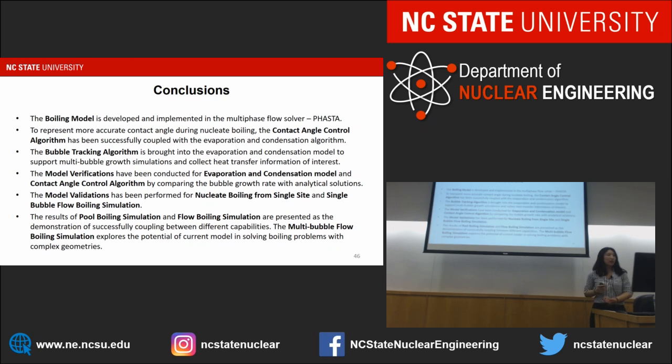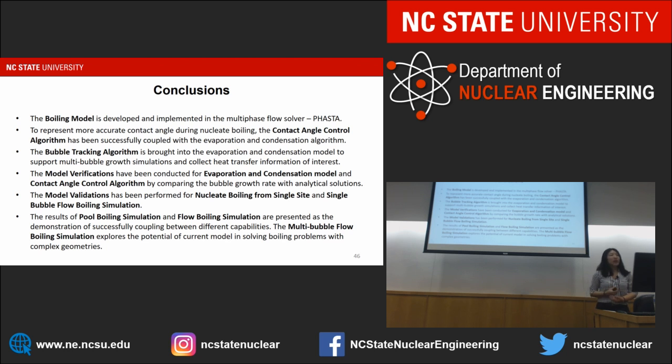This is the conclusion. During my PhD, I was able to develop and implement these boiling models in the multiphase flow solver FASTA. The contact angle control algorithm has been successfully coupled with the evaporation-condensation algorithm. I brought the bubble tracking algorithm into this evaporation and condensation model as well.